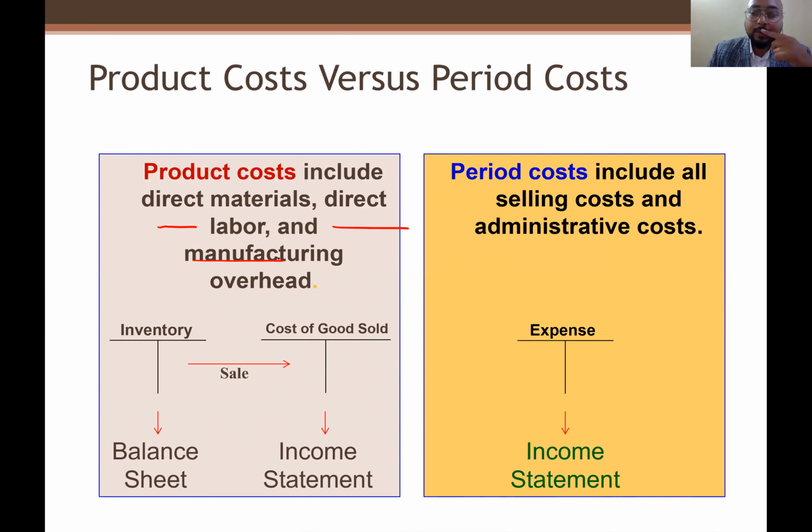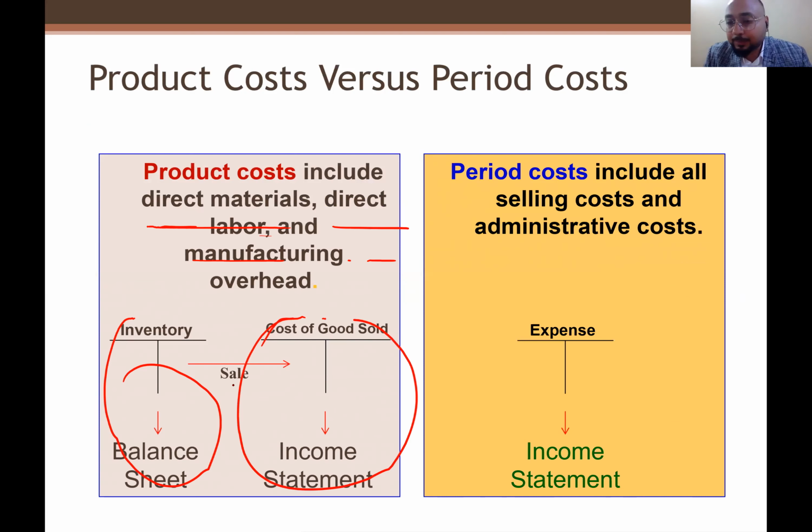So if we segregate cost based on period and product, product cost is exactly equal to manufacturing cost. Manufacturing cost also equals direct material, direct labor, and manufacturing overhead, right? The other difference between product cost and period cost is that product cost goes from balance sheet to income statement.